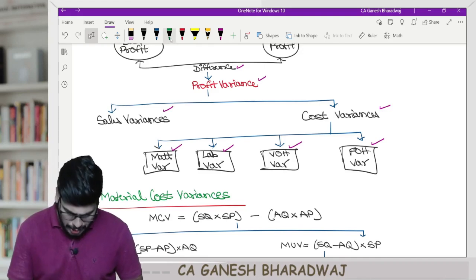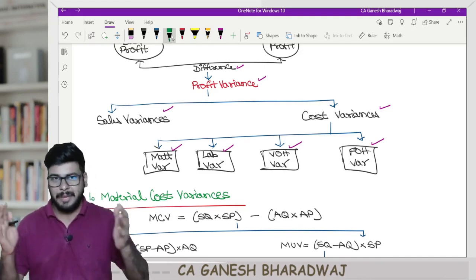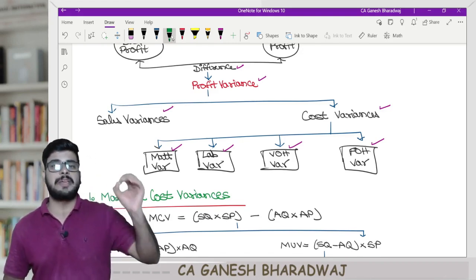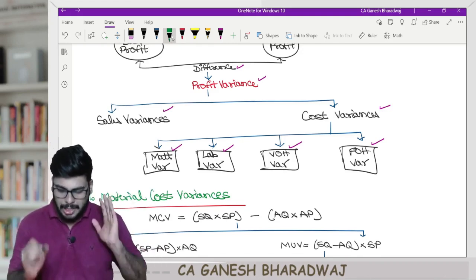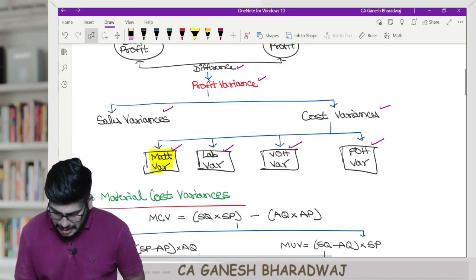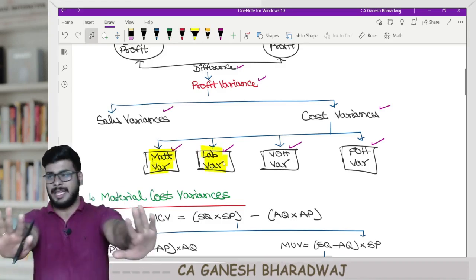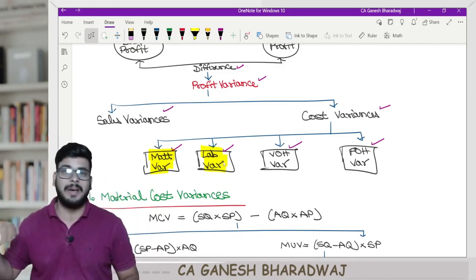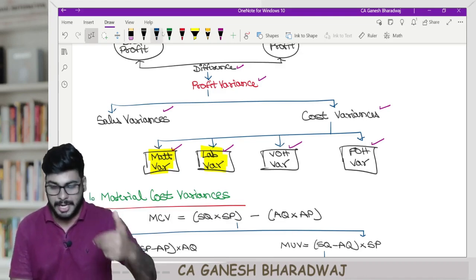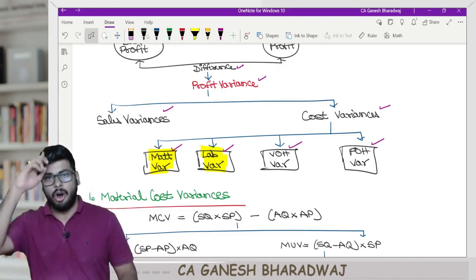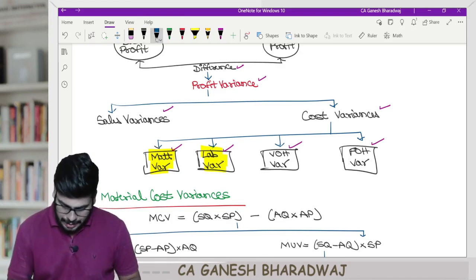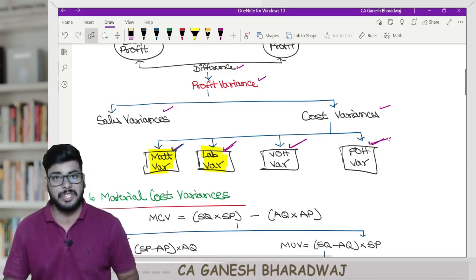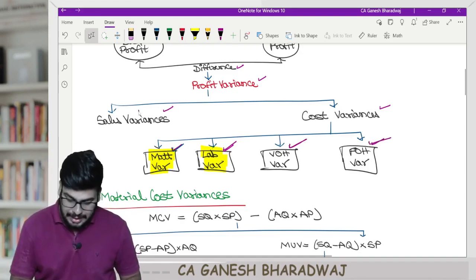Now, in this particular CMA intermediate syllabus, if you are a student appearing for paper 8 cost accounting, in your syllabus you have only material cost variance and labor cost variance. That's about it. Whereas if you are a paper 12 management accounting student, writing the second group, all the variances are applicable: material cost variances, labor cost variances, variable overhead cost variances, fixed overhead cost variances, and even the sales side variances.